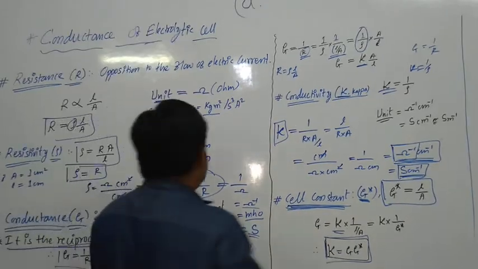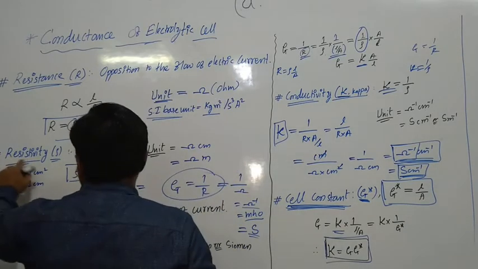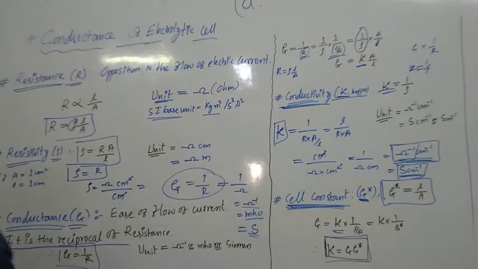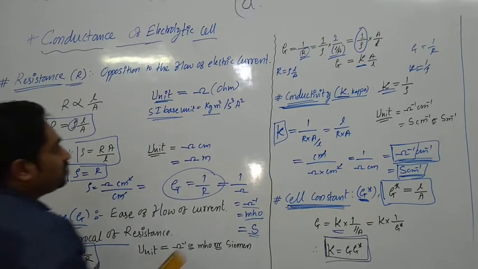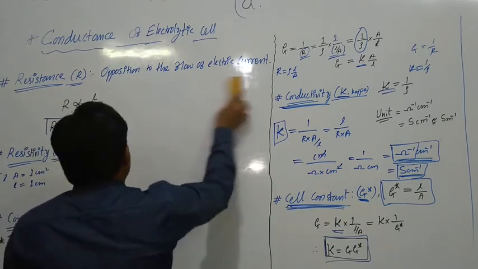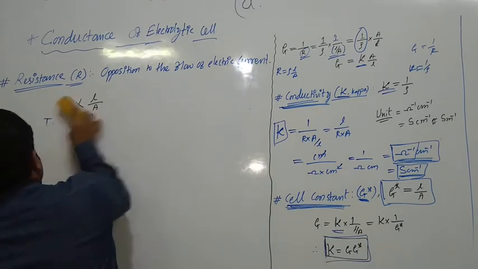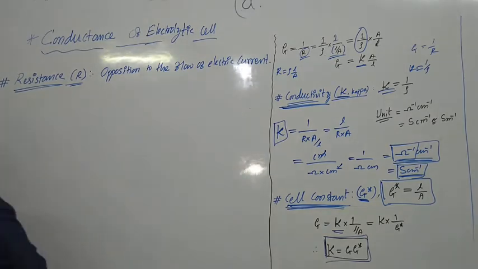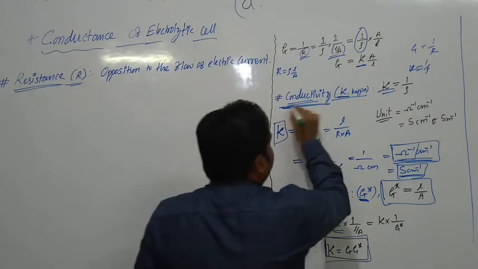And one more important thing, as we have defined resistivity, we also have to define conductivity. Let us define conductivity. So now once again I will write here, what is my conductivity?